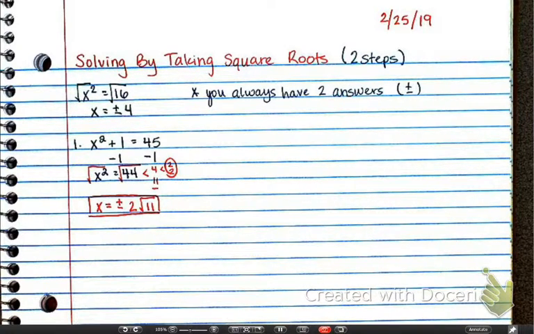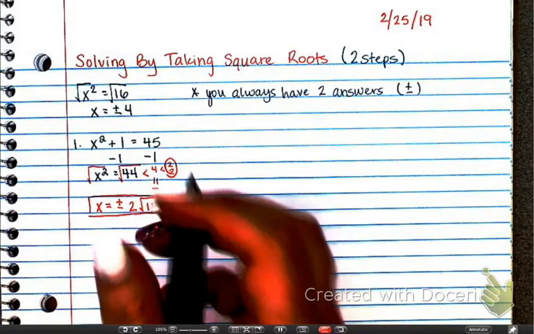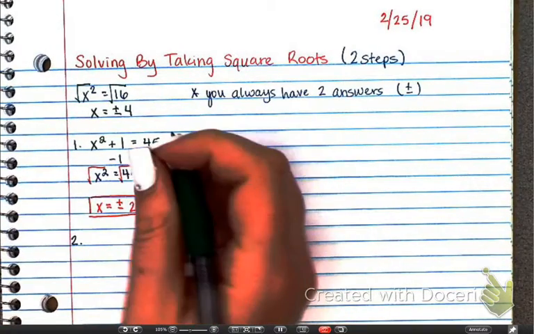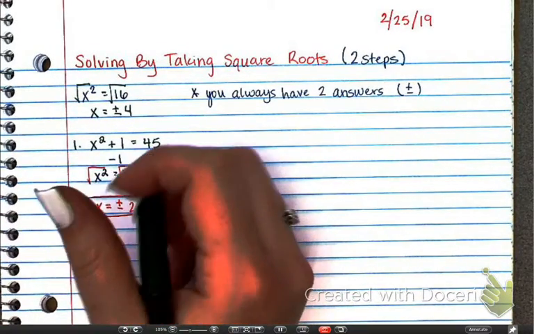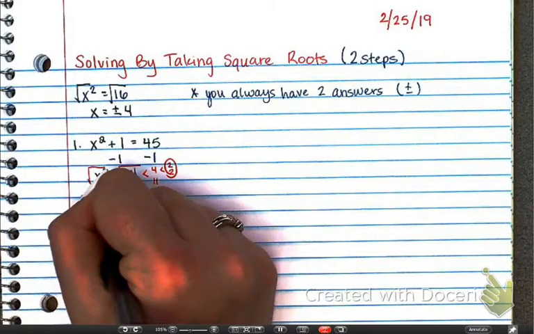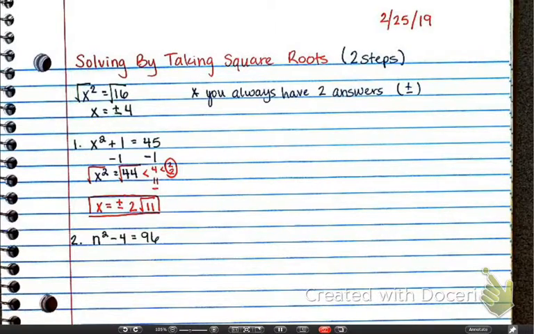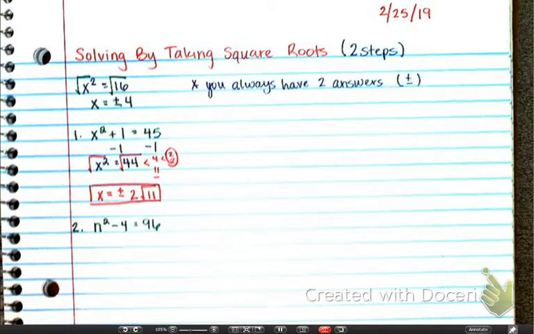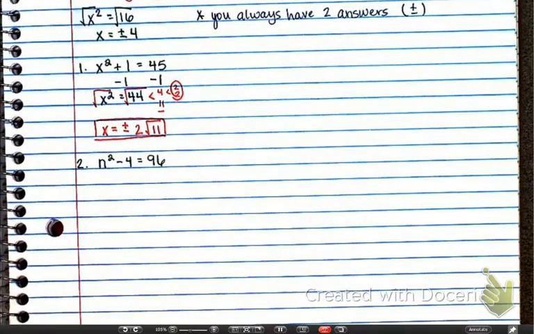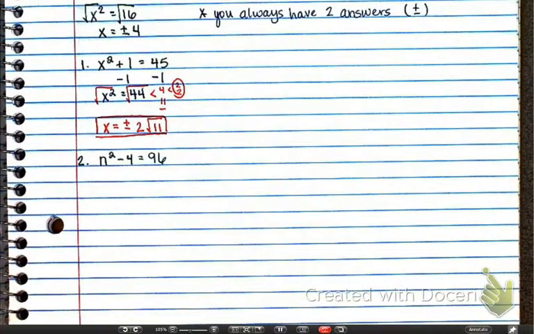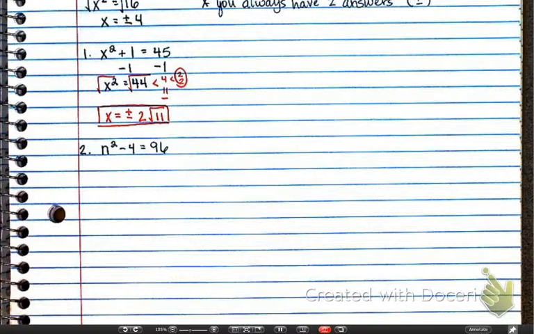Okay, so we're going to do a couple together and then I'm going to give you a couple to do. So let's do n squared minus 4 equals 96. Step 1 to getting n squared by itself would be what?